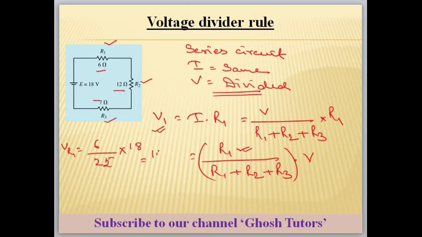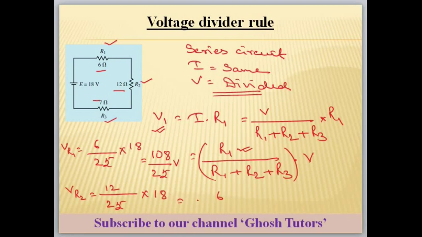So 18 times 6 is 108 by 25 volt. If you have to calculate the voltage across R2, then R2 is 12, by R1 plus R2 plus R3, so 6 plus 12 is 18, plus 7 is 25, into V. V is 18.